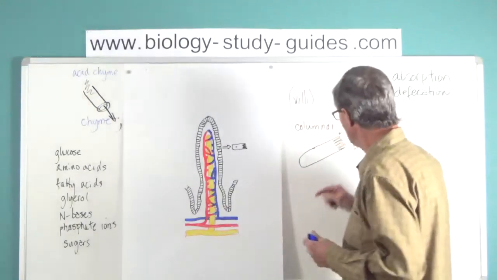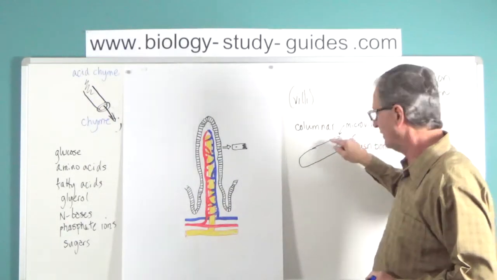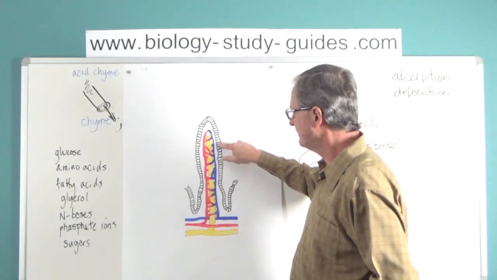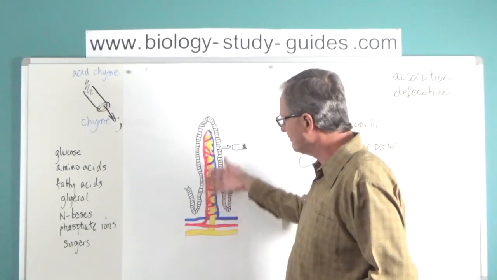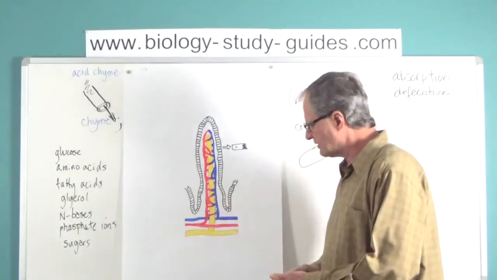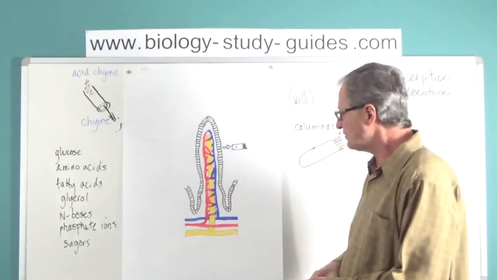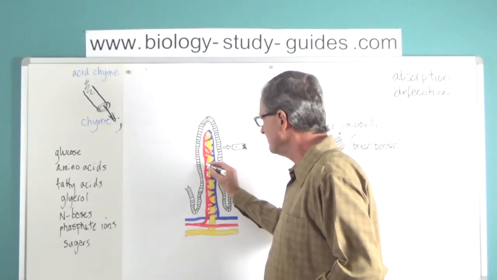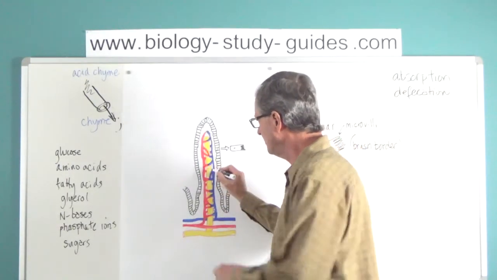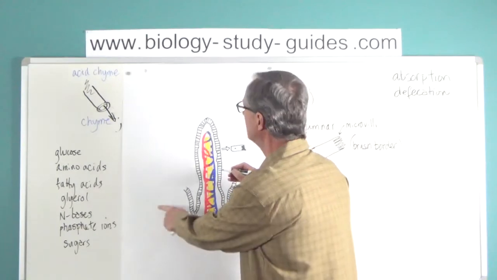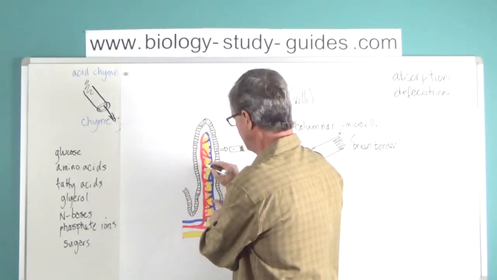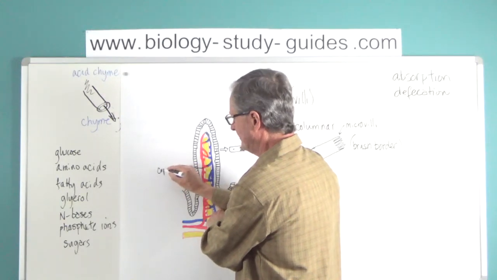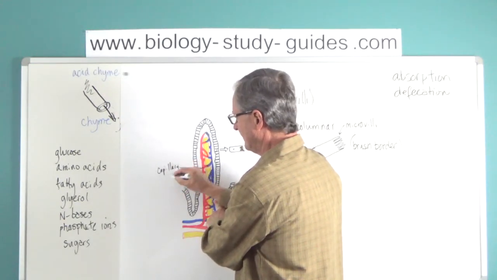And they get absorbed through this brush border surface here, through the microvilli. They pass through these cells into the interior of this villus. Now if you look at the interior, you can see it's pretty special. There's a circulatory system. So we have a capillary bed.